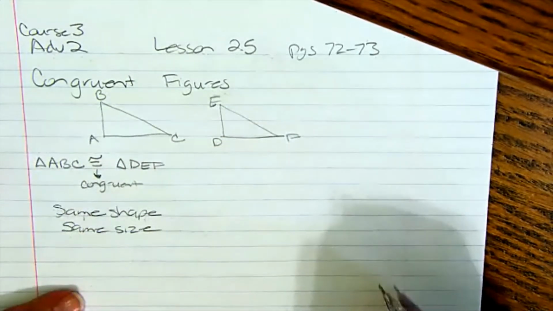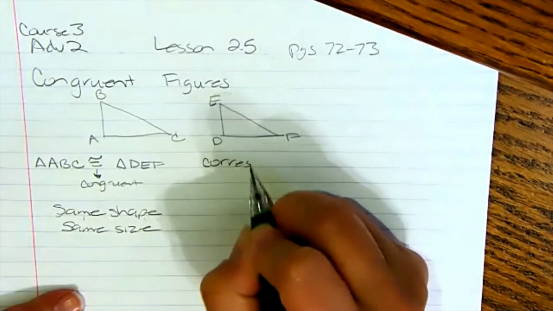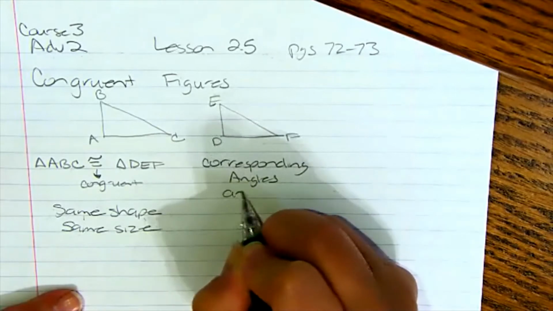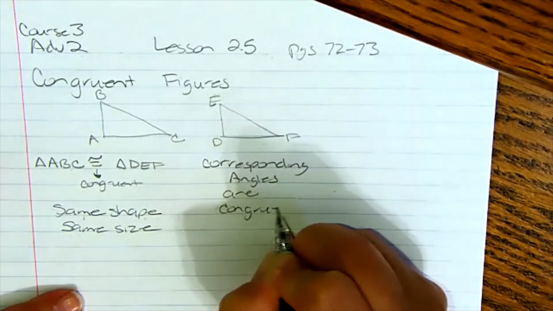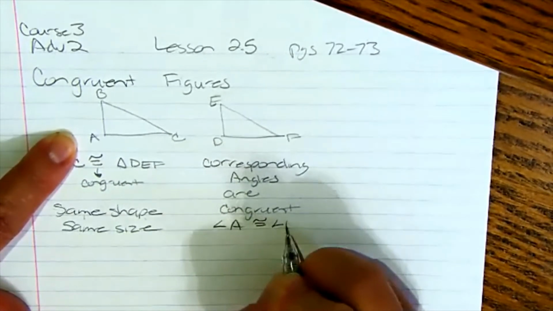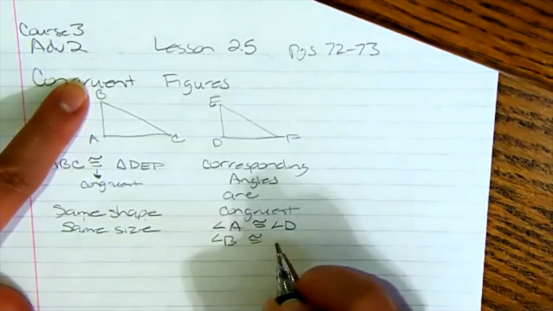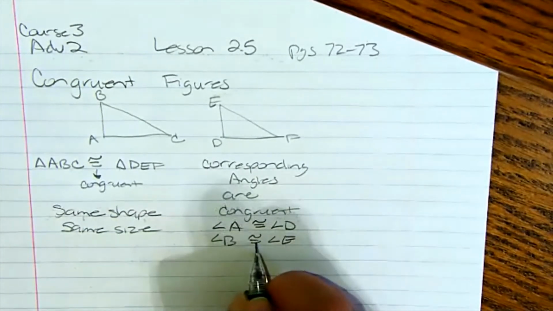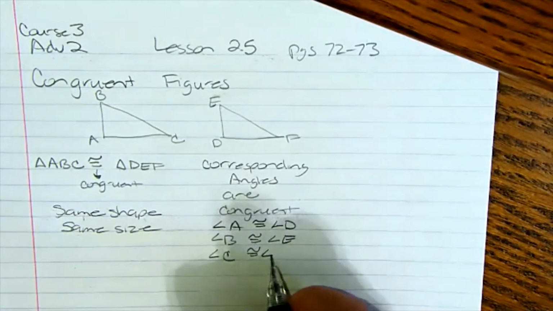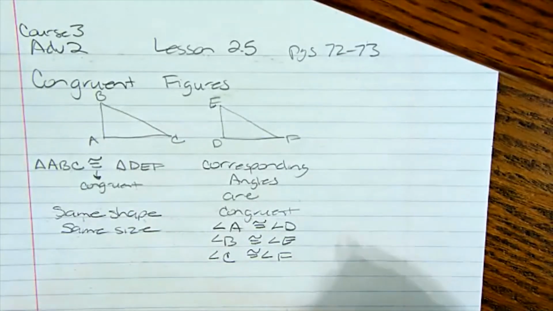And in congruent triangles, congruent figures, corresponding angles are congruent. So angle A is congruent with angle D. Angle B is congruent with angle E. Angle C is congruent with angle F. They have the same measurements.